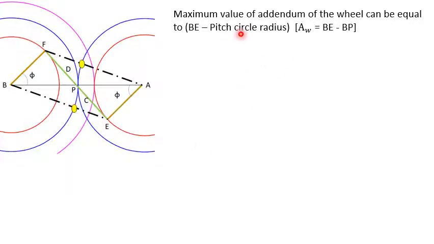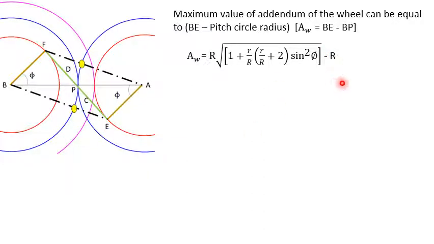Therefore addendum of wheel, AW, is equal to BE minus BP. This extra line, or this difference from this point to point E, represents the addendum of wheel.